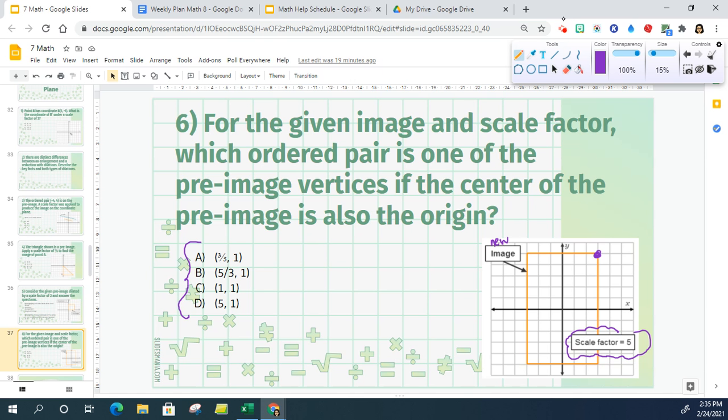What's this coordinate up here? 3, 5. What's this one over here? What's this one down here? Thanks, RJ.